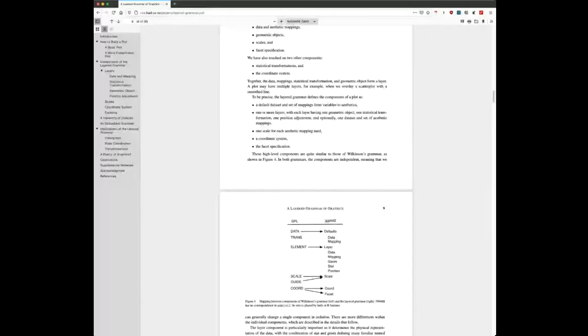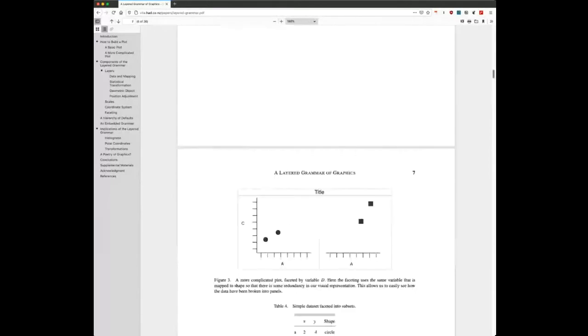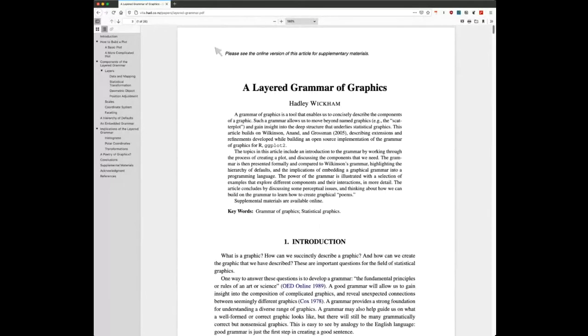So the reading today was this reading here, a layered grammar of graphics. And so I will be charging my pen for a little bit, and then we'll kick back into slide-based drawing, but I can do most of what I want to do by talking about this article here. So we'll do that today.